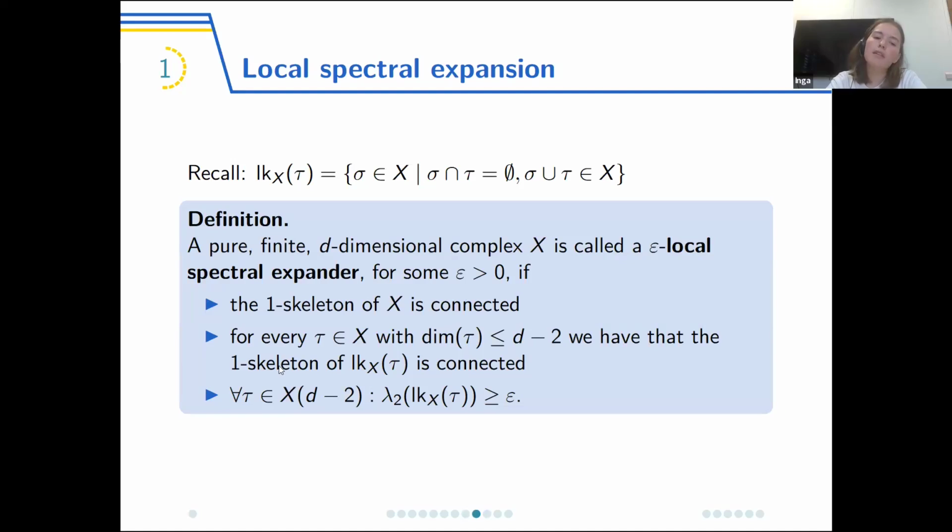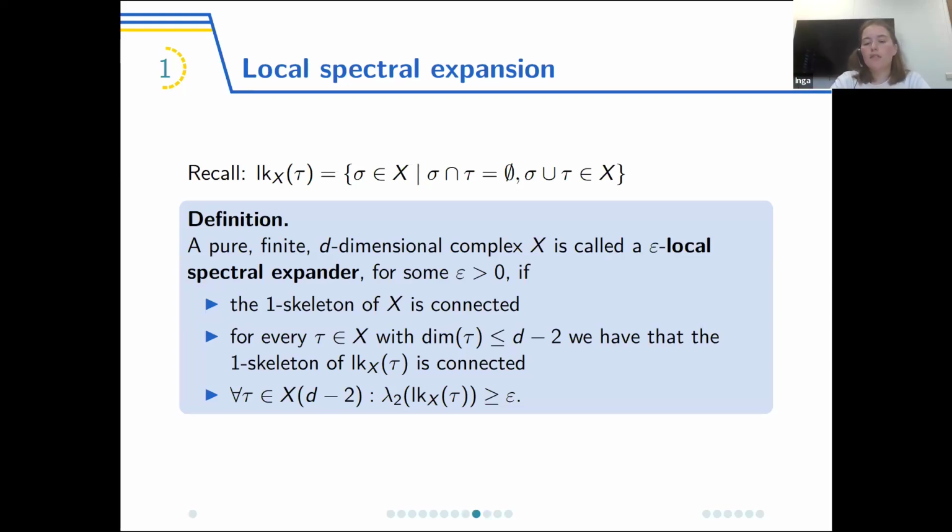And the second one is, if we look at those simplices where the links are actually graphs, so the simplices of dimension d-2, and then we look at the graph expansion, they should have a uniform bound of epsilon. And this is something we can really check. Looking whether one skeleton is connected is doable. Looking at the graphs and showing that they're expanders is something people have done for a long time.